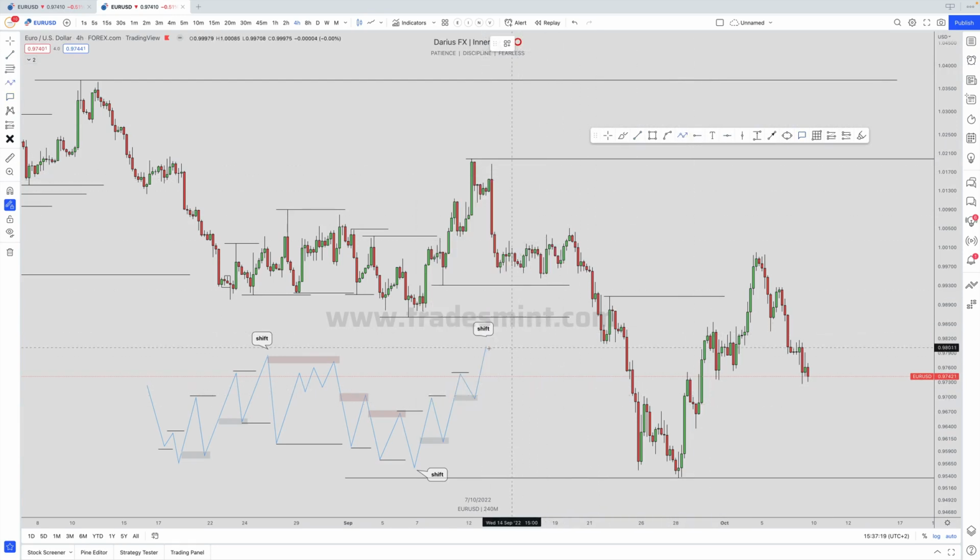So price is just moving down again, making another break here, and moving down. In this case, this time frame will not tell us that this is the break of structure, right? Because the next break of structure will be only here.